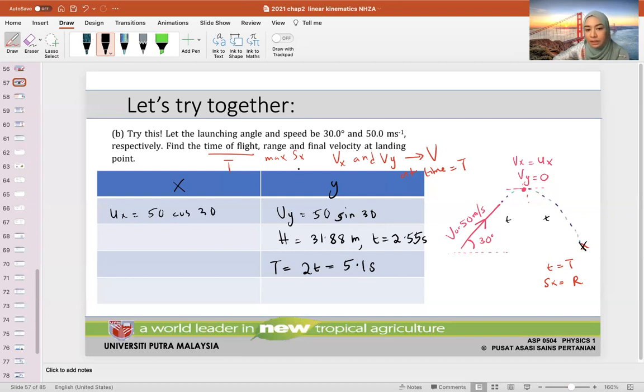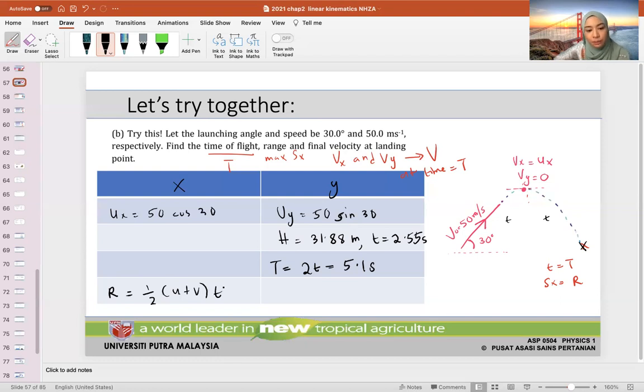So now we want to find out our Sx, which is our capital R. What is the equation for displacement in the x? Let's use the one that we used before, 1/2 (u plus v) t.